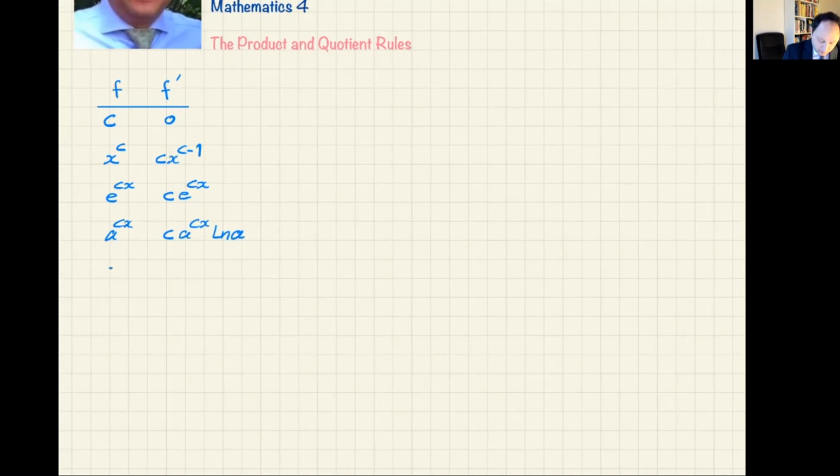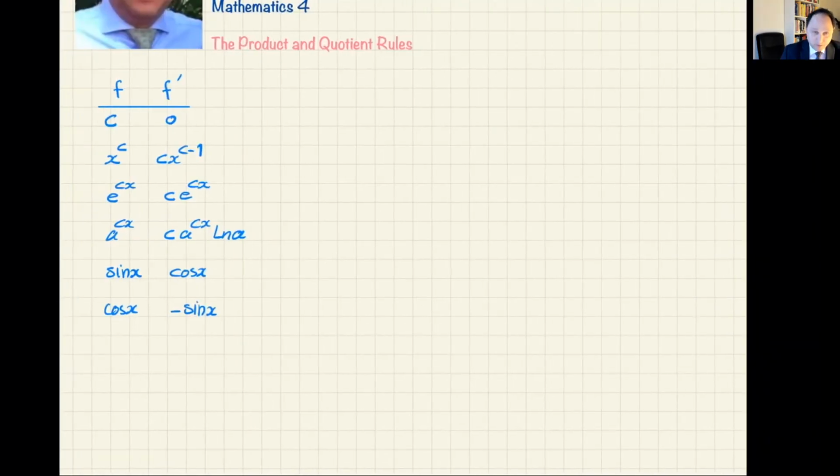Then we learned about the derivative of the sine function, which is cosine x. We learned about the derivative of the cosine function, which is just minus sine x. Oh, sorry, I remember that I had to say something.